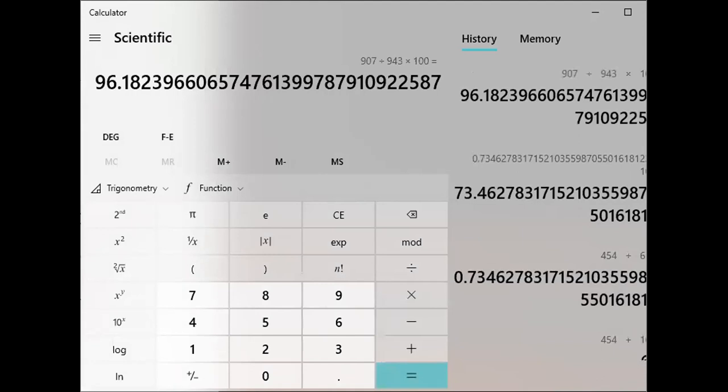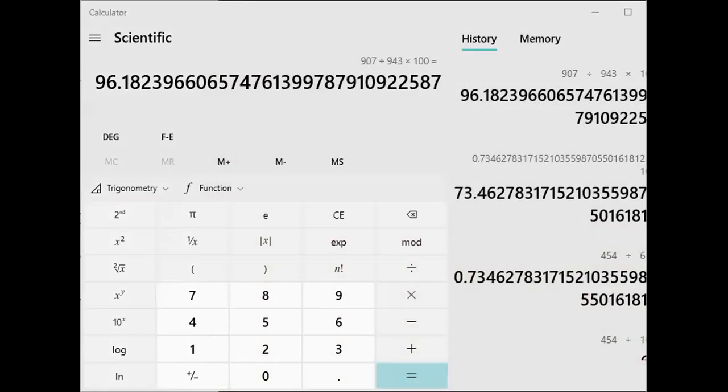You got 96.1823 and so on, right? So if you're looking for one decimal place, your answer will be 96.2. So you put the answer here, 96.2.